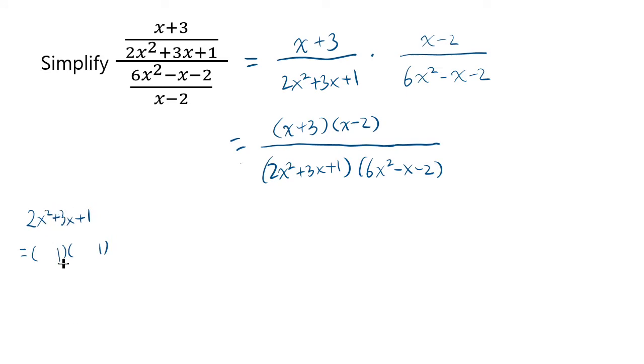So we know it's plus 1, plus 1. And then 2x squared: x times 2x gives you 2x squared. So I'll put x here and 2x. And just check that indeed these are the same. x times 2x is 2x squared. x times 1 plus 1 times 2x is 2x, x times 1 is x, and then 1 times 1 is 1. After you combine the like terms, you do get this. So indeed, this is correct.